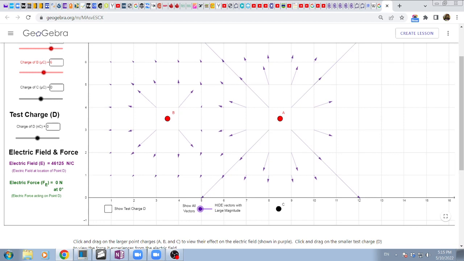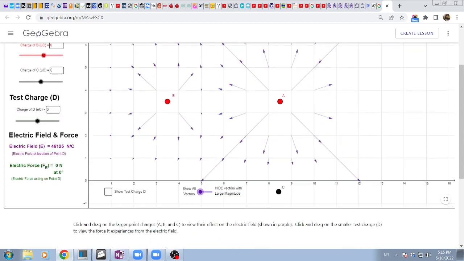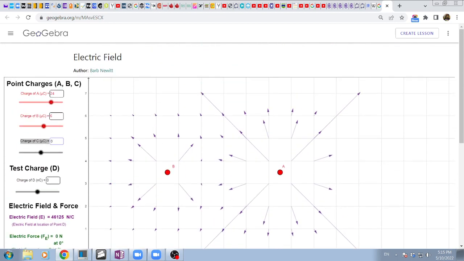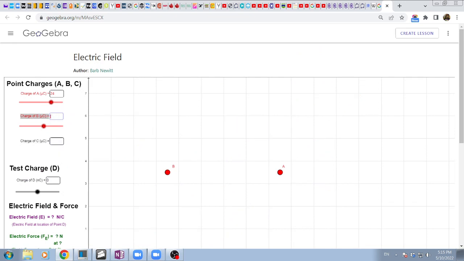If I put one more charge here, let's put two more.